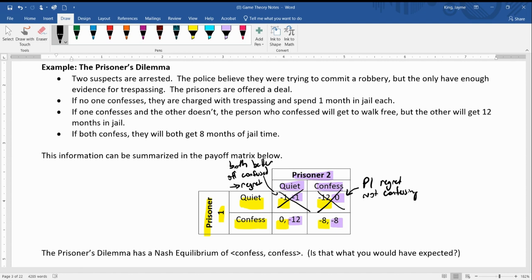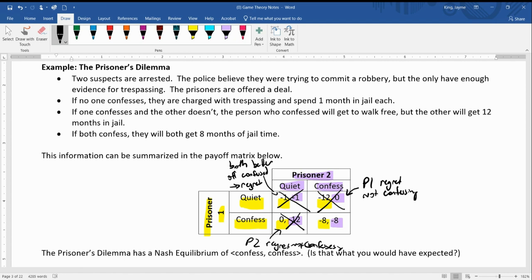If they had chosen to confess, they'd be sitting on less jail time. So again, this is not a Nash equilibrium, because prisoner two would regret not confessing. They regret their decision, and because they regret their decision, it's not a Nash equilibrium.